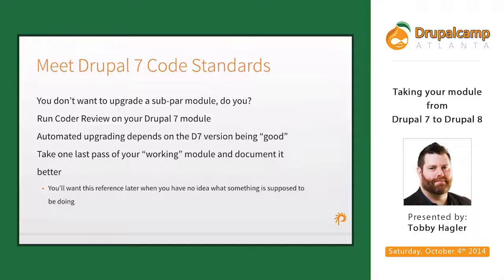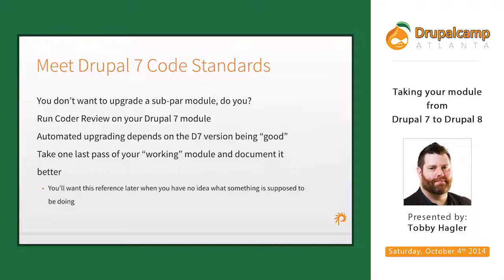First of all, you don't want to upgrade a subpar module, right? You don't want to let a bunch of bugs that you have in your old version carry on to the new version. Also, you want to make sure that stylistically your code is up to Drupal 7's standards before you go to Drupal 8, because one of the first things we're going to try to do here is use automated tools to upgrade your module.